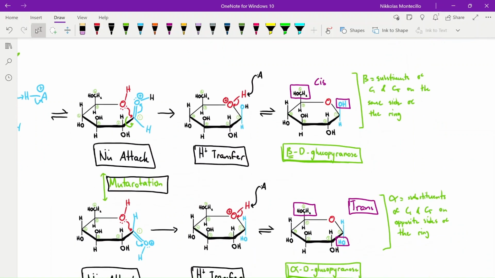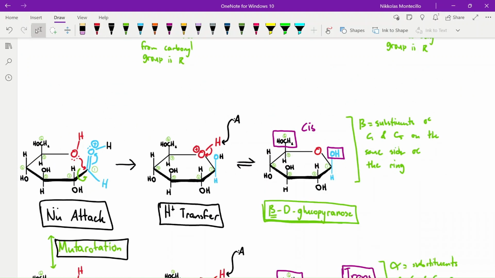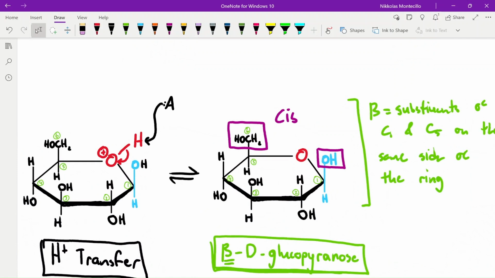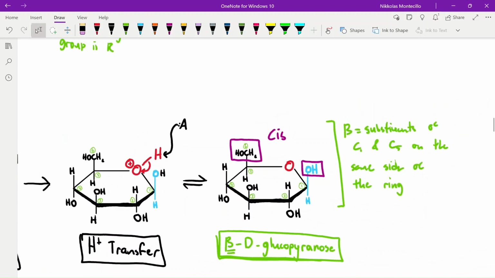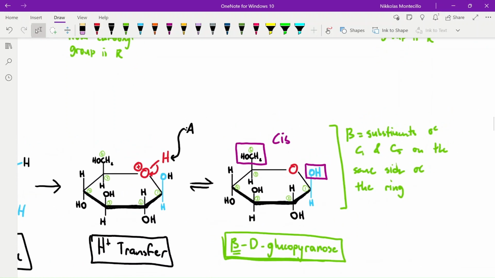So there's a cis product where both the hydroxyl group of carbon 1 and the carbon containing the alcohol that's linked to carbon 5 are both facing up, on the same side, or we can consider the steric configuration of this monosaccharide to be beta.